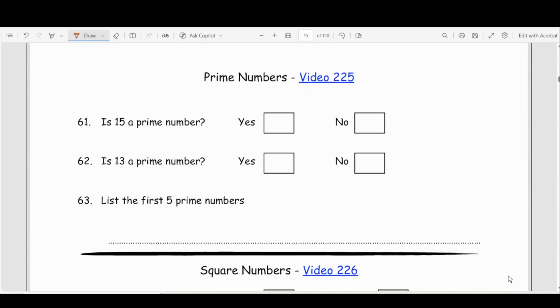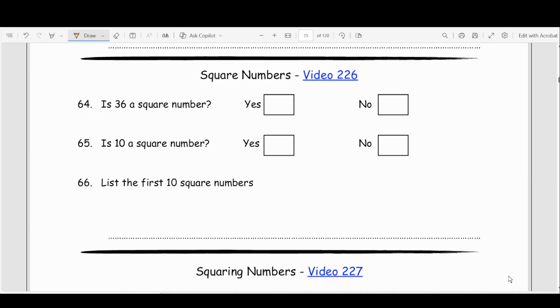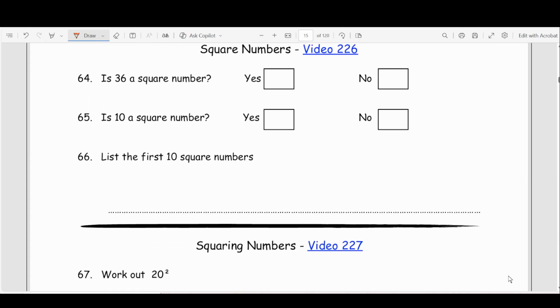Okay, so what is a prime number? We did that. Can you just define what is a prime number? Prime numbers are numbers that only have one and the number itself.